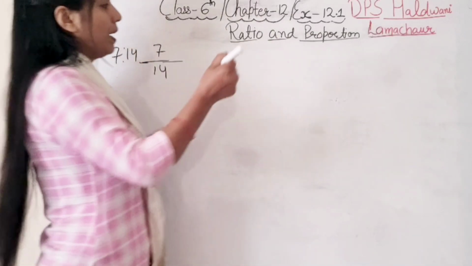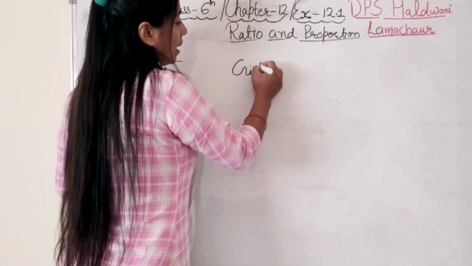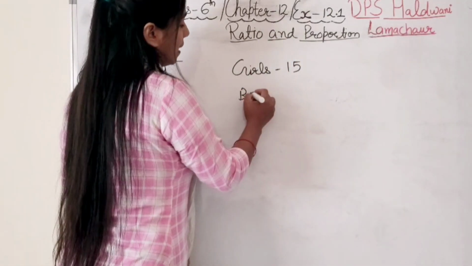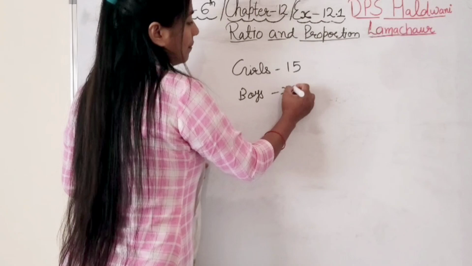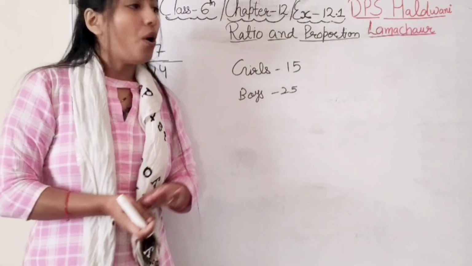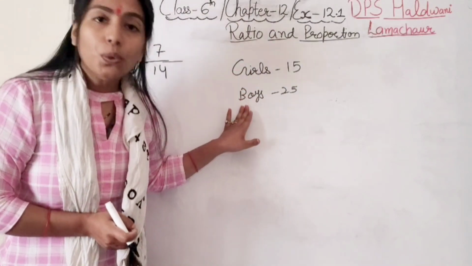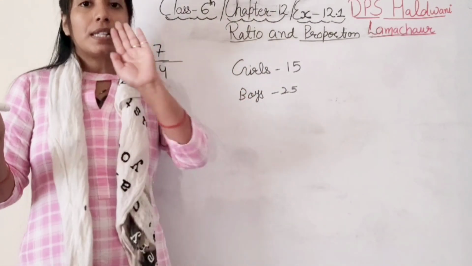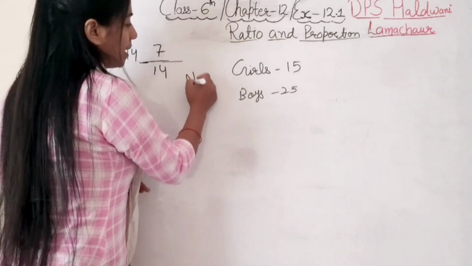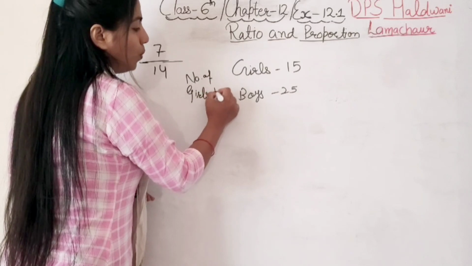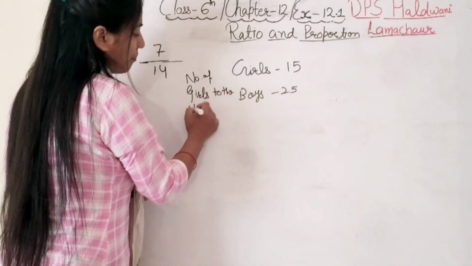See, suppose in one class the number of girls is 15 and the number of boys is 25. Now I am asking you, what is the ratio of the number of girls to the number of boys? What will come in the denominator? Listen carefully: number of girls to the number of boys.